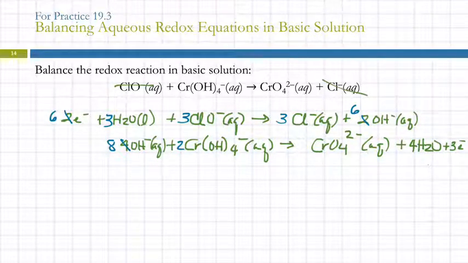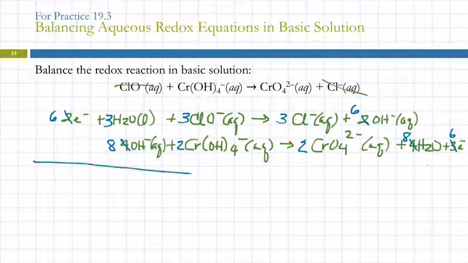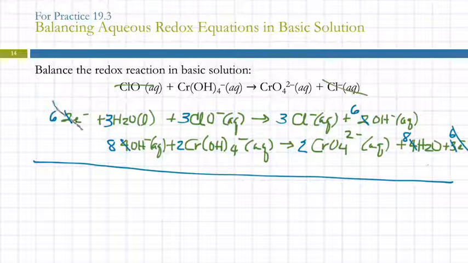So 2 and 2 and 8 and 6. I've got 6 electrons, 6 electrons. Those cancel out, and then I just copy down what's left.